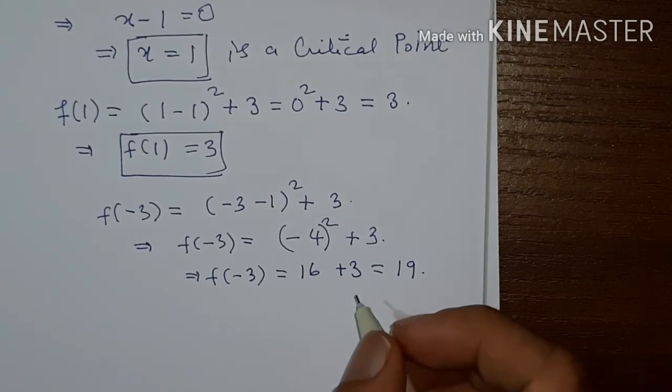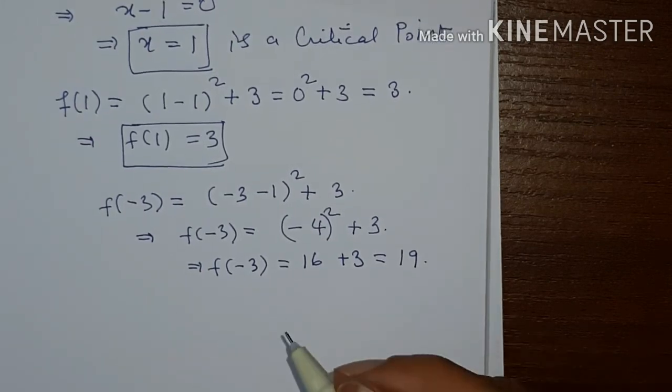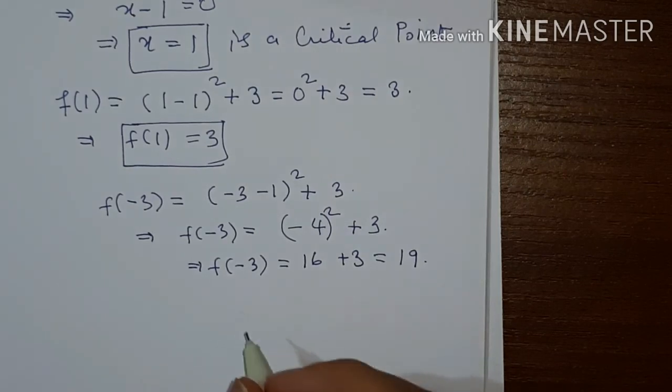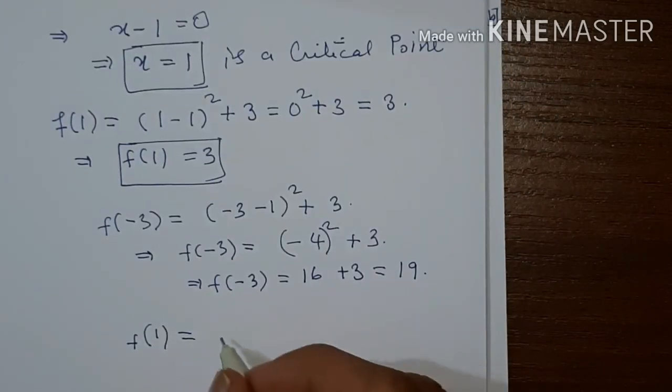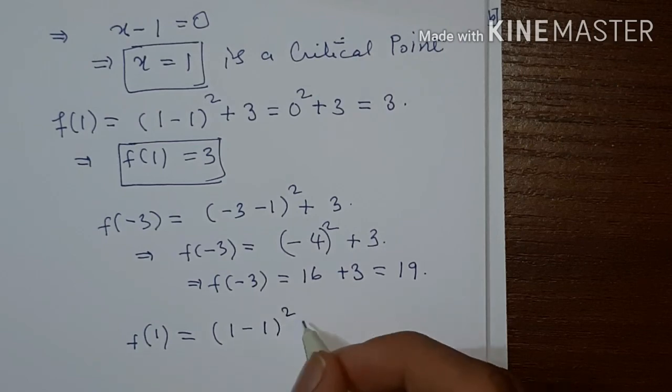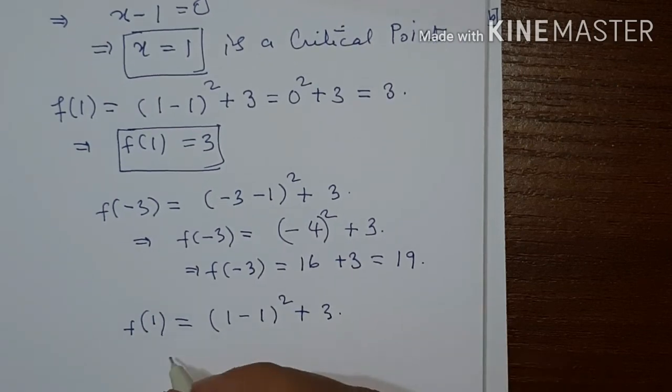Okay, so this is what you're getting, right? Now if we check the next value of the function, that is at the second endpoint, so f of 1 is what? 1 minus 1 the whole square plus 3.